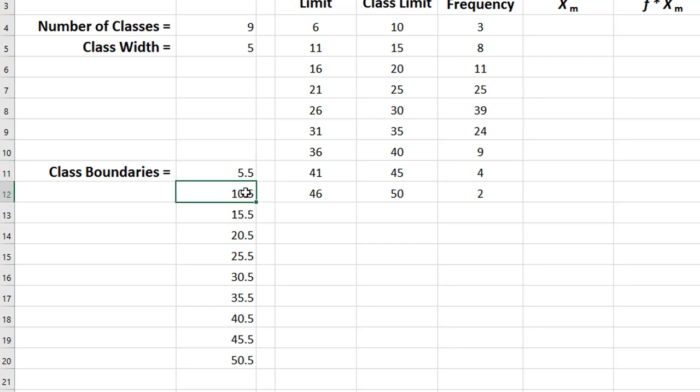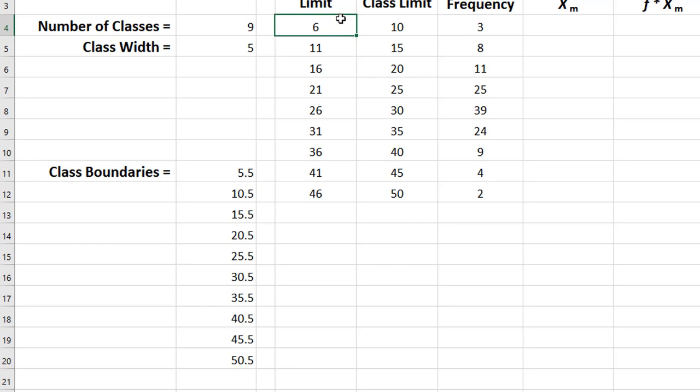So 10.5, for example, falls between 10, the upper class limit of the first class, and 11, the lower class limit of the second class. So that's basically all the class boundaries are, except for the first one and the last one.